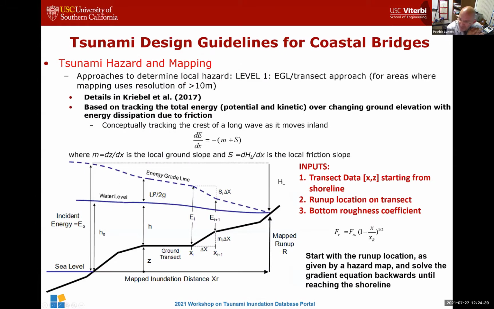When you're talking about a level 1 analysis, a level 1 analysis is where you only have the coarse resolution inundation results. So for this project, it means you're going to have the 60-meter grids only. You don't have 10-meter grids. And the reason that we fall back on this energy grade line analysis for the coarse resolution modeling is because we don't trust particularly the velocity predictions from the coarse resolution modeling.